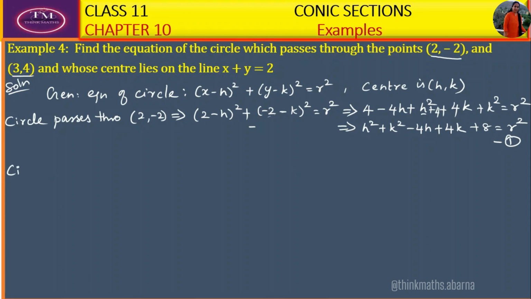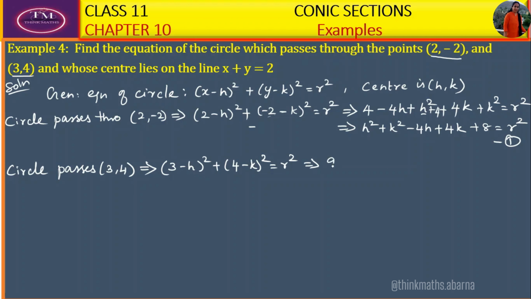Now this circle also passes through another point. What is the point? 3 comma 4. So if it passes through 3 comma 4, we can substitute x is equal to 3 and y is equal to 4, equal to r square. So if we expand this, a minus b the whole square, a square which is 9, minus 2ab, so minus 2 into 3 into h. So it is minus 6h plus h square.